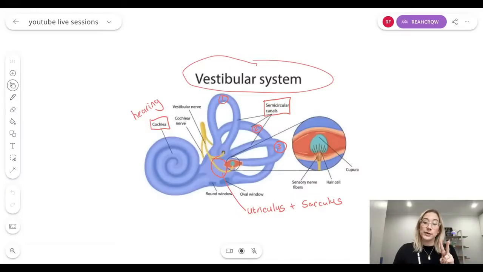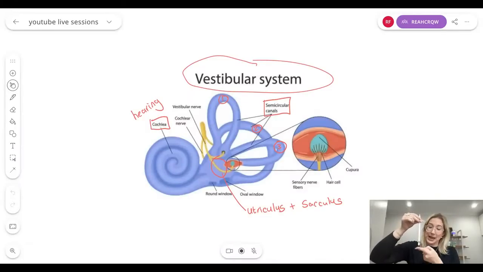So the 2 differences is this. The utricle and sacculus are to tell you where the head is in relation to the body. Is the head upright, like my pen? There's the head. Or is it lying down? Or even, is it upside down? So is the head below the body? So that's why you have 2. You have a utriculus and a sacculus.